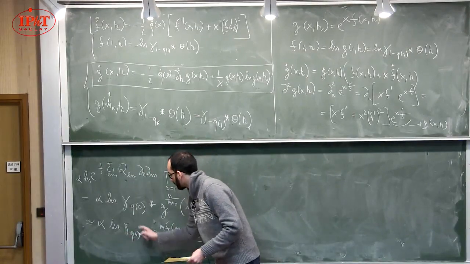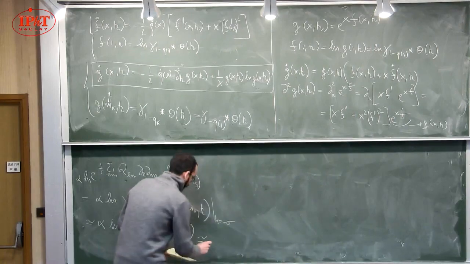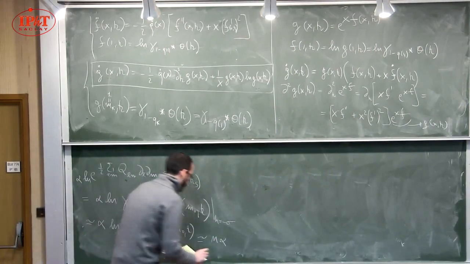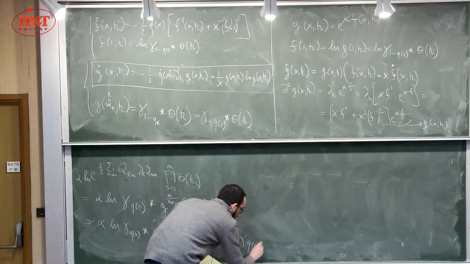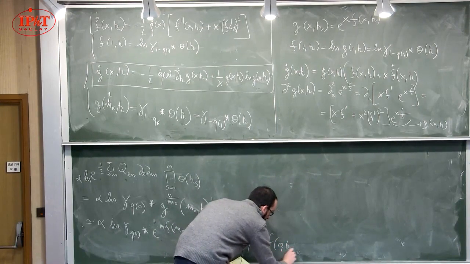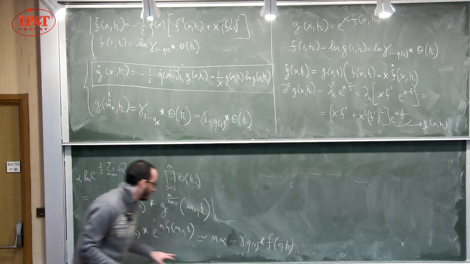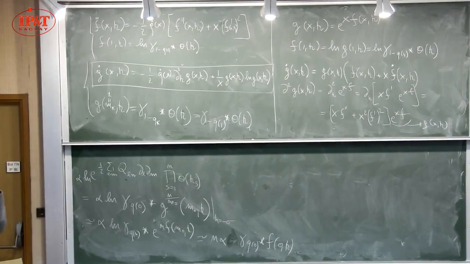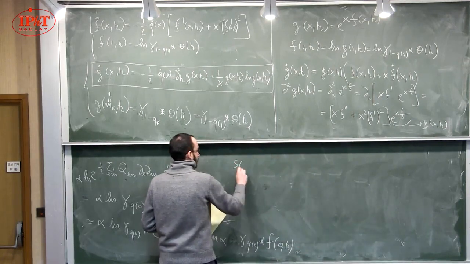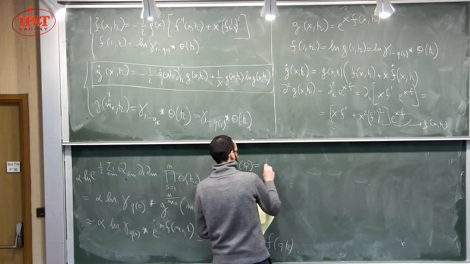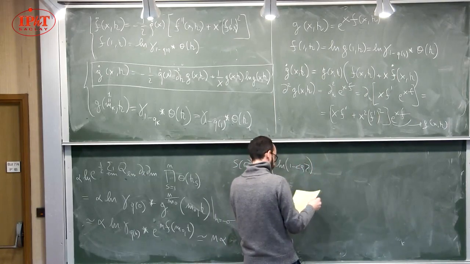The first term is 0 just because gamma of 1 convoluted with 1 is 1, so the log is 0. So here I have m0, but m0 is very close to n, so I can replace it with n, and n is going to 0. So I have just this. In the end, and then I will stop for a break, the S of Q is just 1/2 of this term that we discussed before.